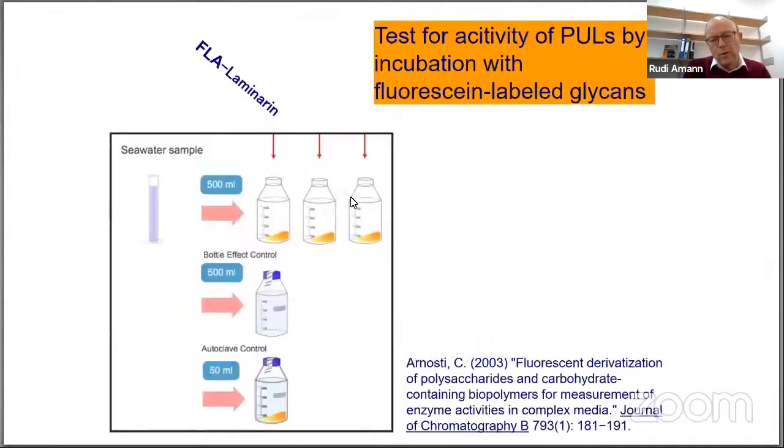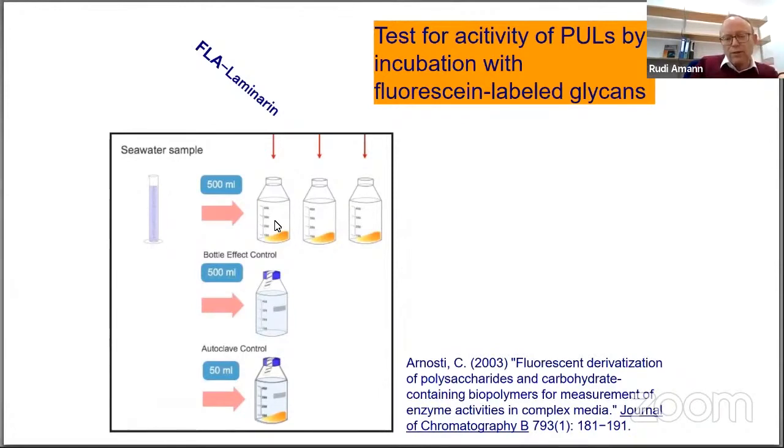Now, if you go into the whole setup, you will understand that this is amazingly simple. The only thing that you need is, for example, a laminarin, which you can order from Sigma as a purified polysaccharide. You label it covalently with fluorescein. You put that into surface water. I said we were with the Ross, with the English ship, in the transatlantic situation.